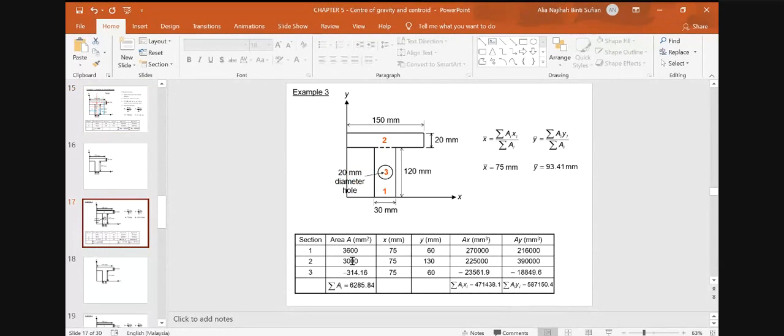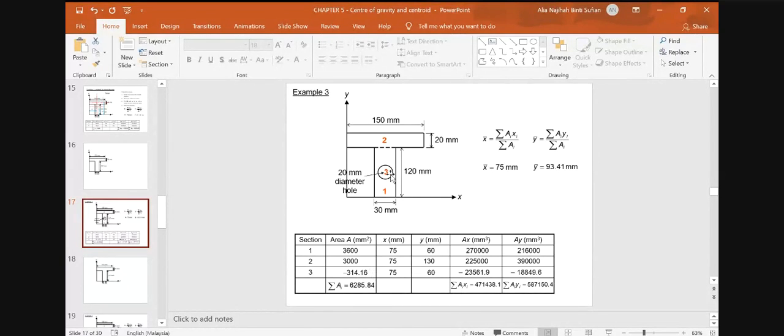Now we have to add the hollow section number 3. Part 3, hollow here, the area is pi r square or pi times 10 square, which gives us 314.16 millimeter square.